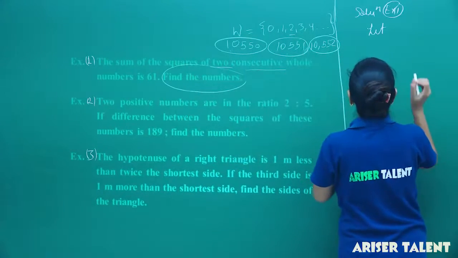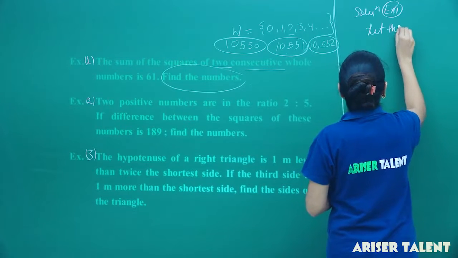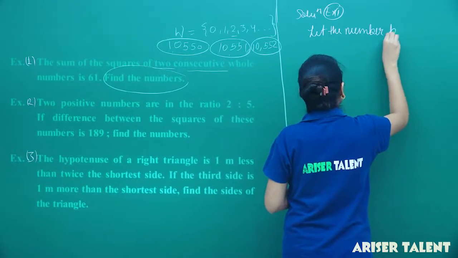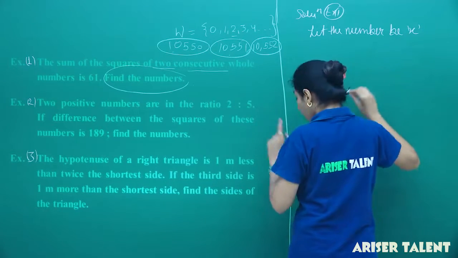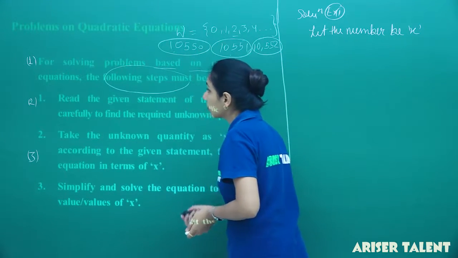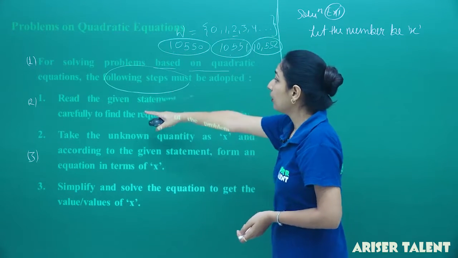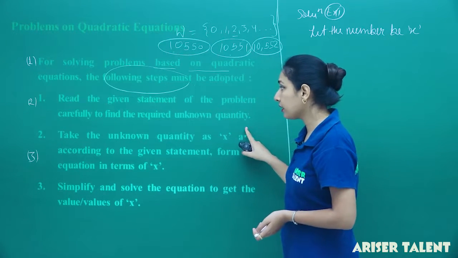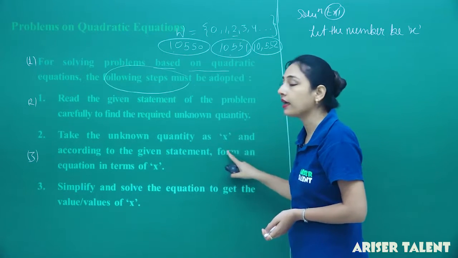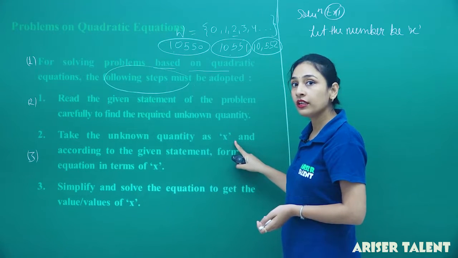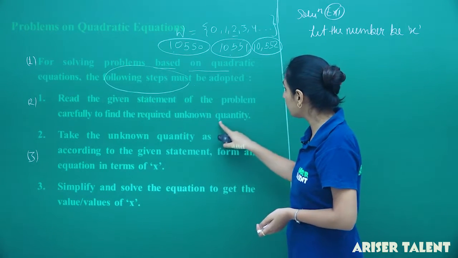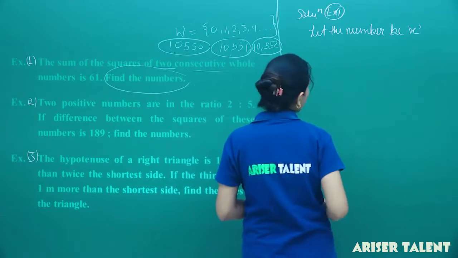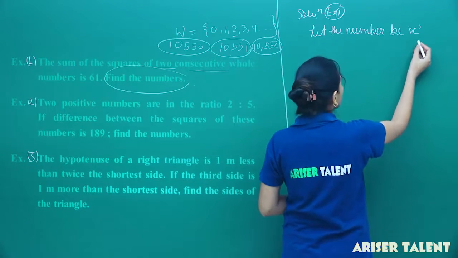So, for example 1, let the number be x. Why did we suppose x? Because we read the given statement of the problem carefully to find the required unknown quantity. Take the unknown quantity as x. Right, students. So, here let the number be x.